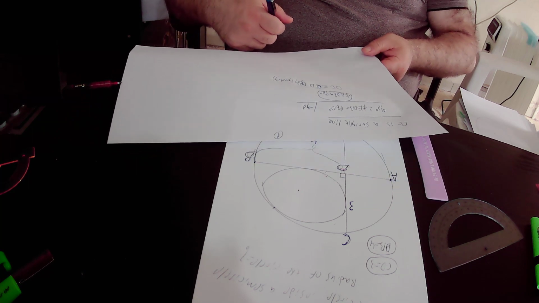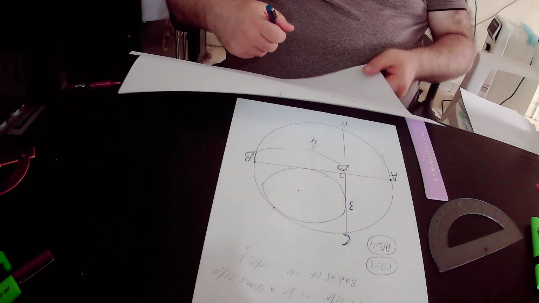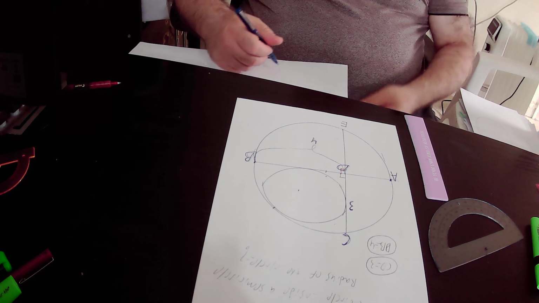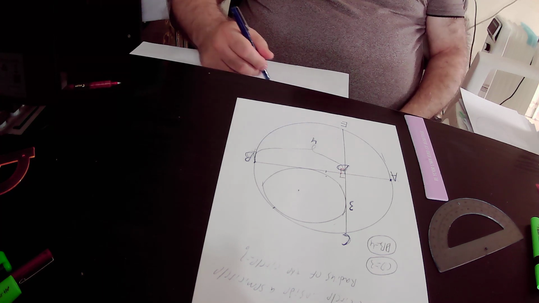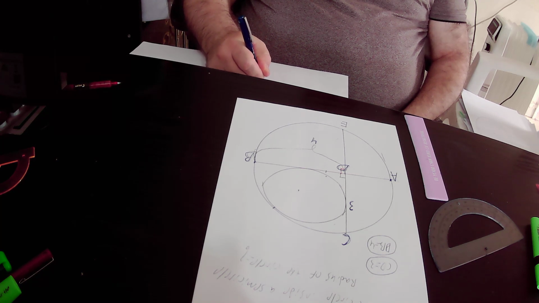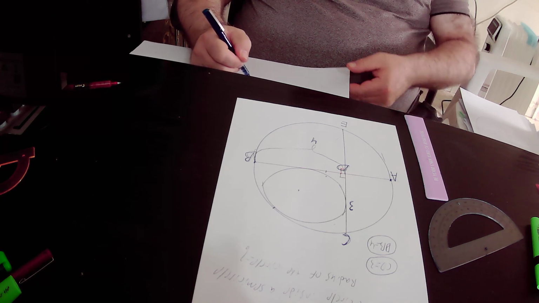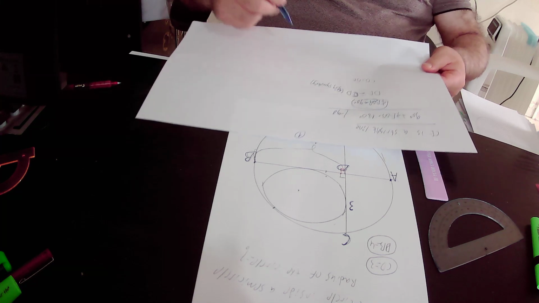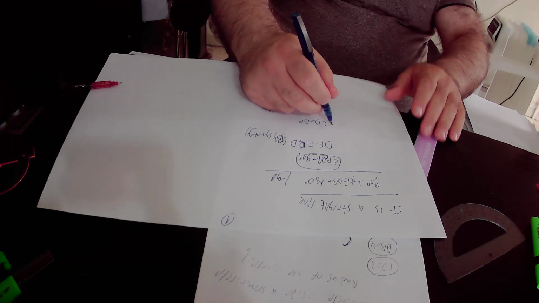But it is given in the question that CD equals 3 units. We know that CD equals 3 units.